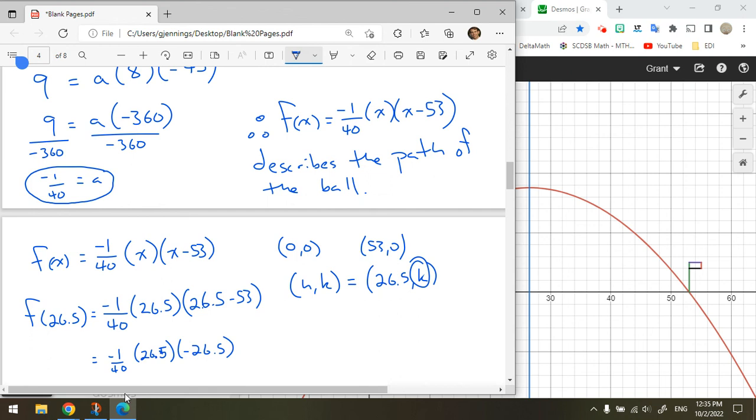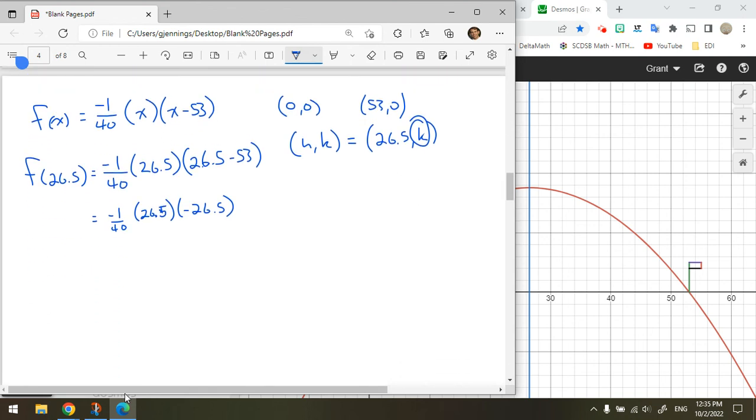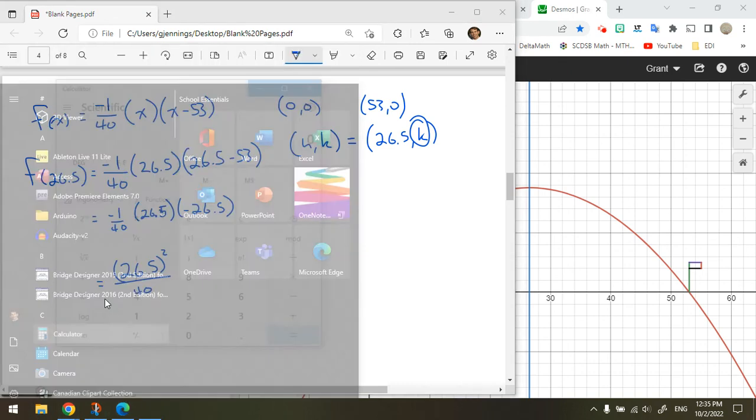So we're going to have two negatives here. That means the answer is positive. That's good news because we know that the ball will be up in the air, not underground. So that should make sense. And this is going to be equal to 26.5 squared, because it's itself multiplied by itself, divided by 40. Let's put that into our calculator.